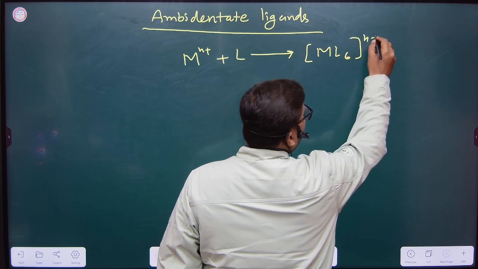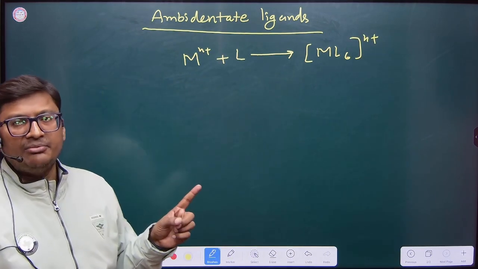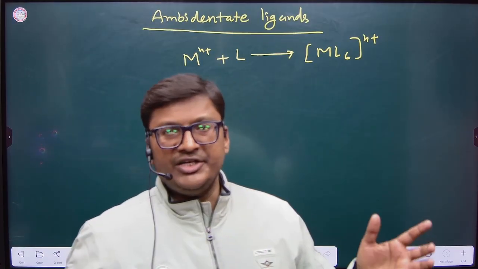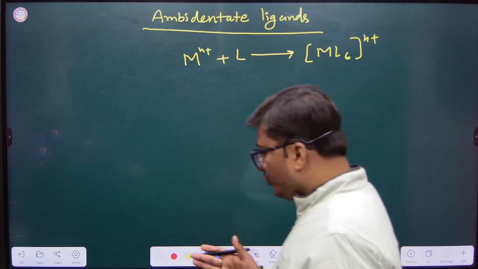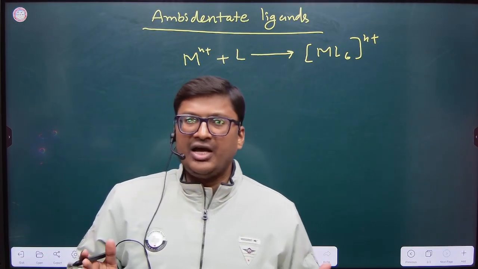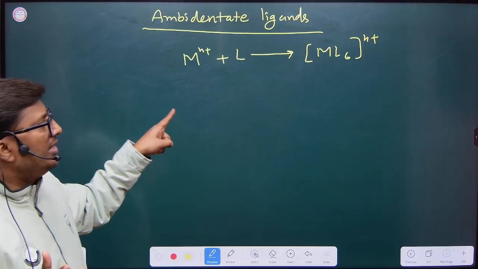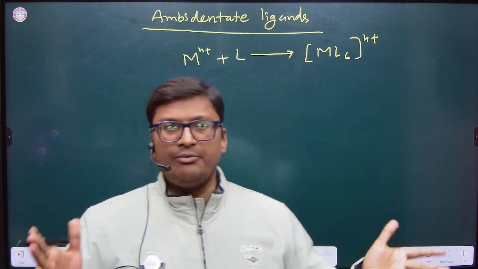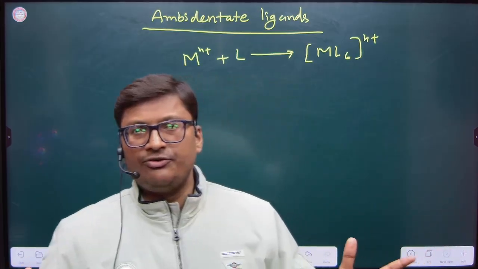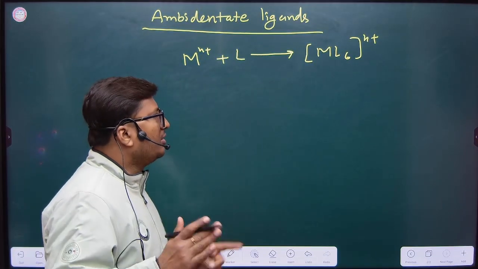So coordination chemistry is nothing but Lewis acid and Lewis base reactions. A Lewis acid has a tendency to accept a pair of electrons, while a Lewis base has a tendency to donate a pair of electrons, resulting in the formation of a dative bond or coordinate covalent bond.